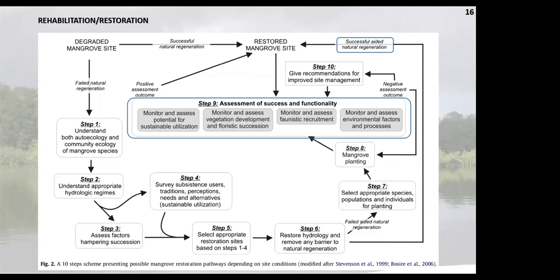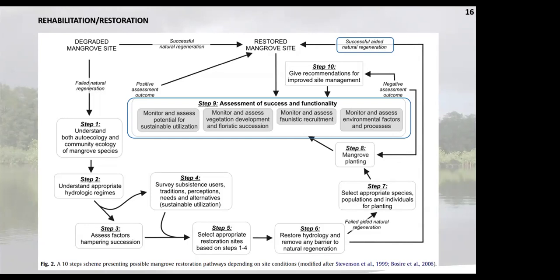You need to assess the development of the vegetation and the succession of the different plants or the different mangroves that are occupying the area. You need to assess the recruitment of the fauna, how the functional groups and the key species are returning. You need to assess the environmental factors and the ecological processes that this faunistic return is furnishing to you.